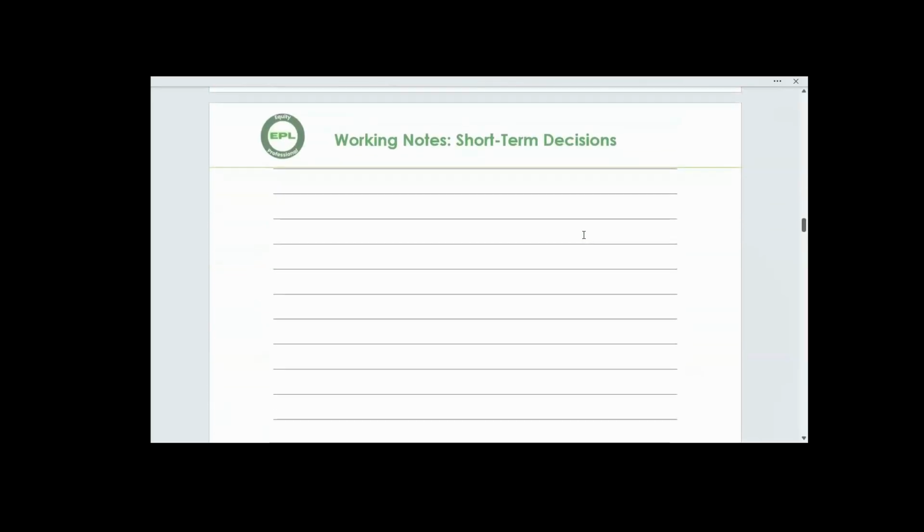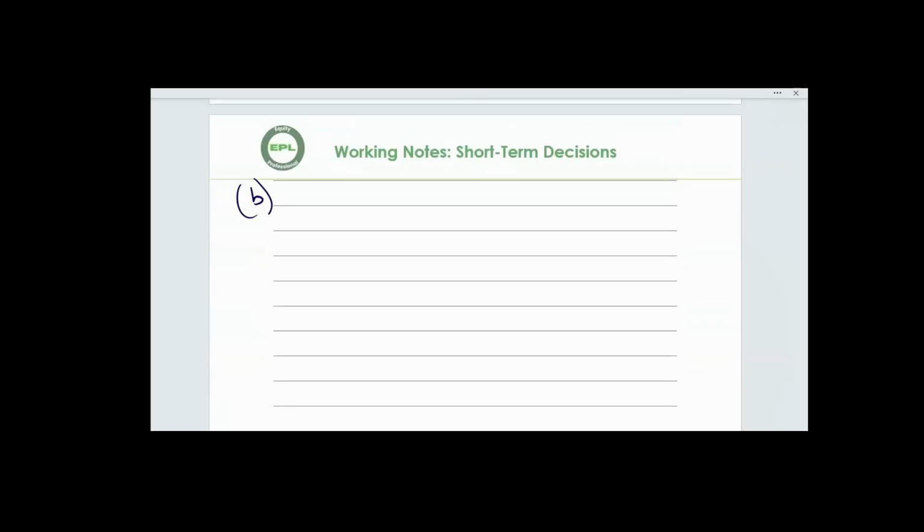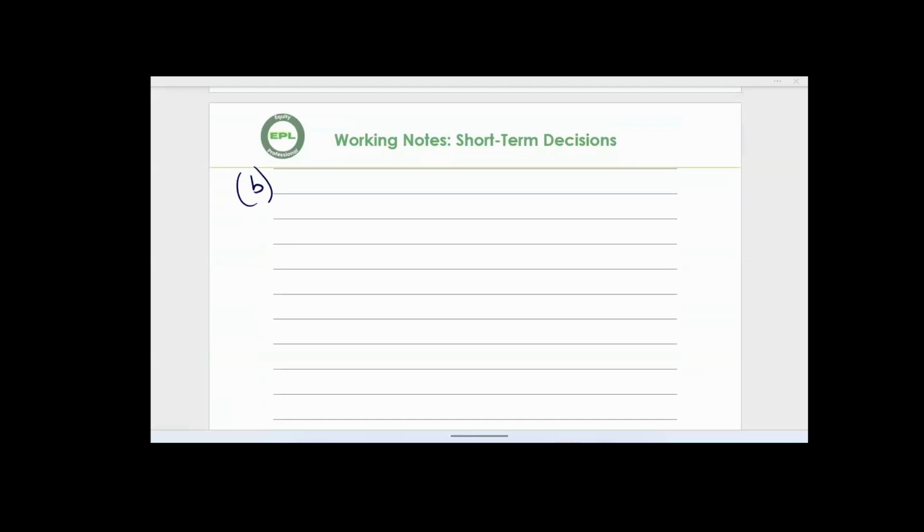So number B, the examiner is asking you to redraft the statement using the contribution margin approach. You have to be very careful to the dictate of the question. Because of time, let me just put it there. So I will just say contribution margin approach.